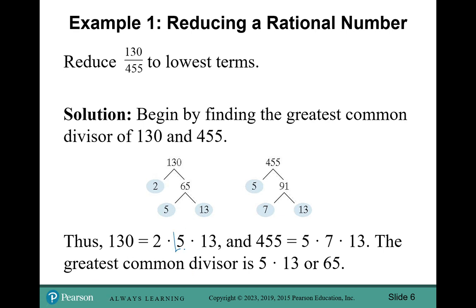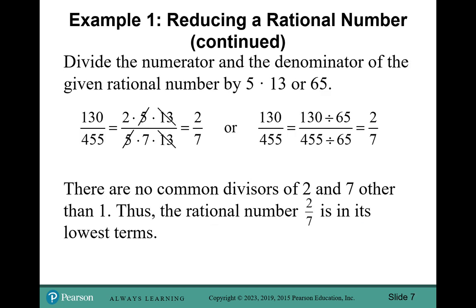In this case, it's a 5 and a 13. 5 times 13 is their greatest common divisor, or if we multiply that out, 65. So we know their greatest common divisor now. We're not done. We've got it two ways.